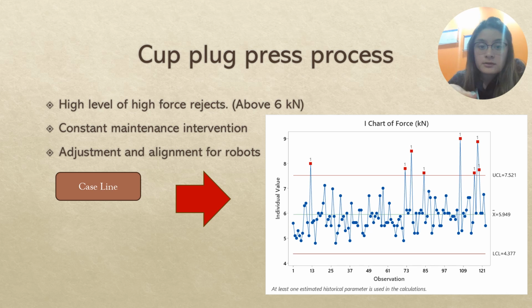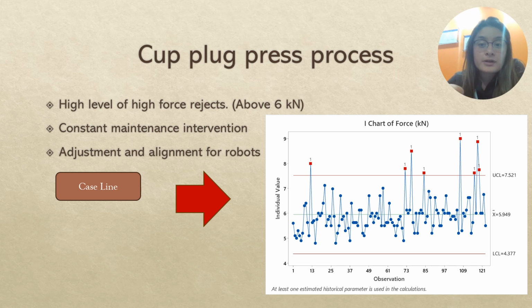We can see on the individual chart of the force that there are different points out of the specification, out of control, which is why we need to take a deeper look at this data.